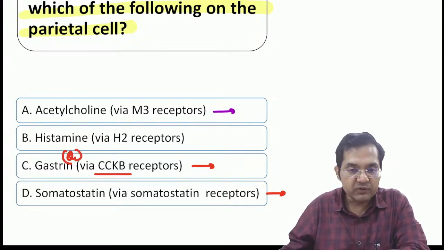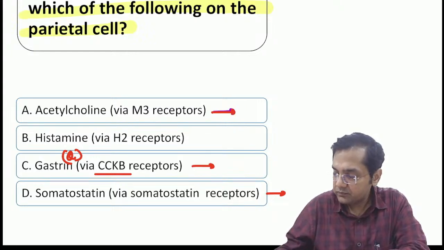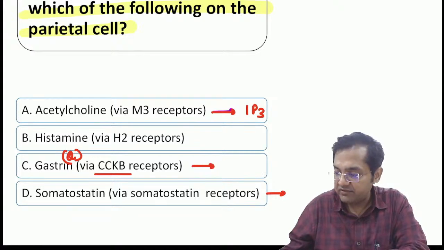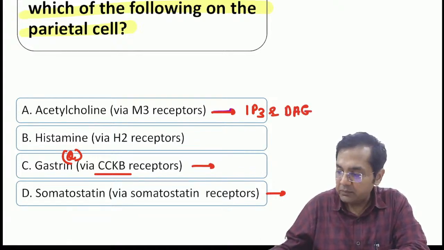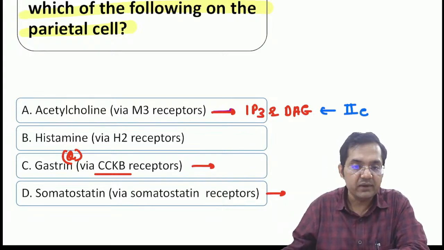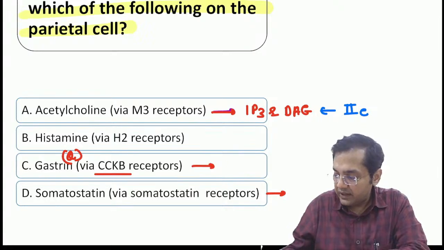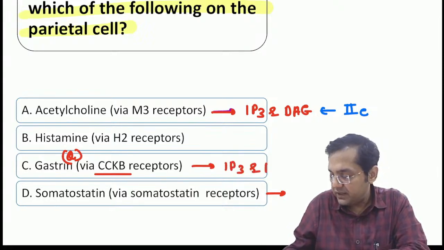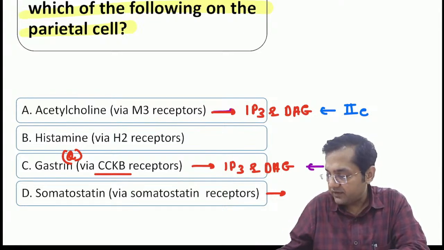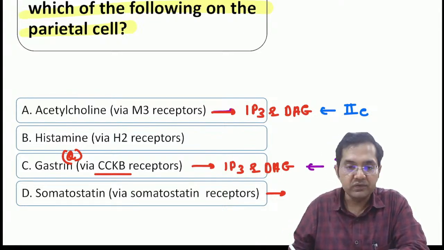Second messenger for acetylcholine is IP3, inositol triphosphate, and diacylglycerol. This in biochemistry is called 2C, the second messenger system. Again, same answer for gastrin, IP3 and DAG, 2C.